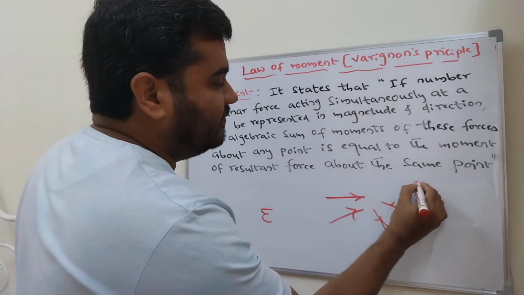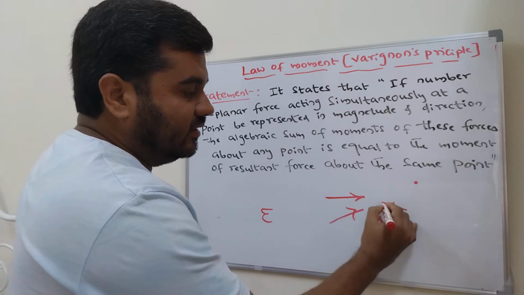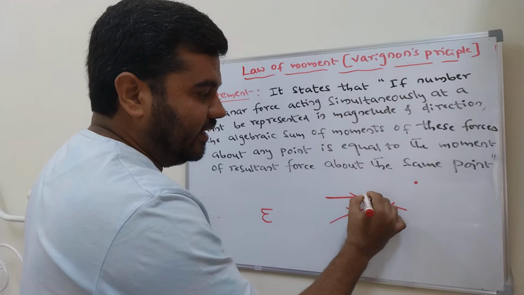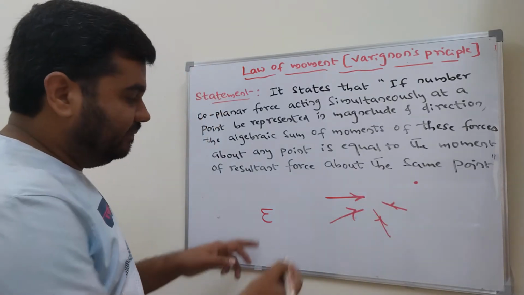Suppose you want to find the moment about this point. Calculate the moment of this force, calculate the moment of this force, calculate the moment of this force, then sum them.